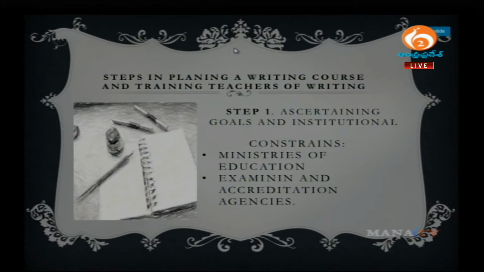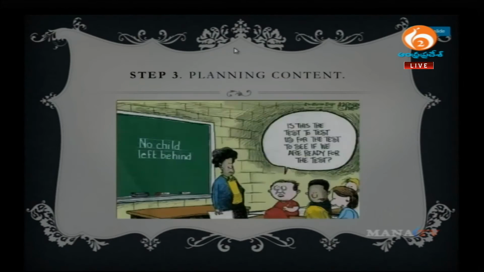So, steps in planning and writing. First one is asserting goals and making it more presentable. And then let's look at step 3, which is planning and content. So how do you plan that specific content in order to get the information through your written communication? If you want to convey something very specific, your planning has to be accurate.